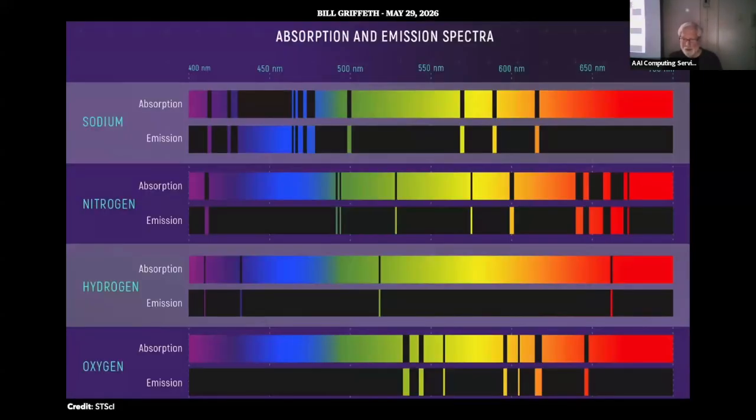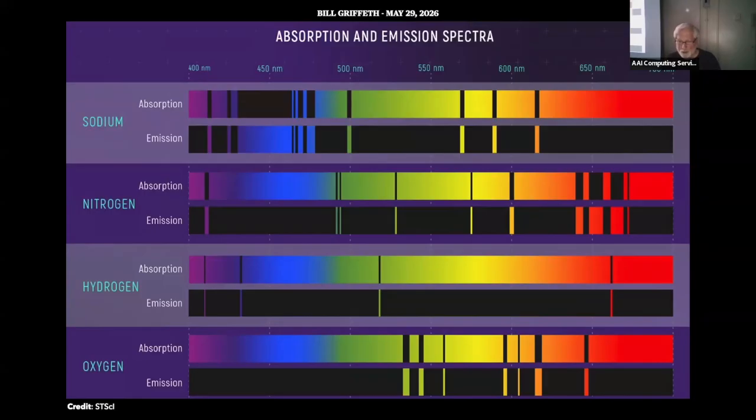It turns out that each element, like oxygen, carbon, hydrogen, etc., has a unique signature, its absorption or emission lines. And they signify the presence of that material in the sample you're looking at. So this graphic shows the visible light spectroscopy signatures of 4 common elements.